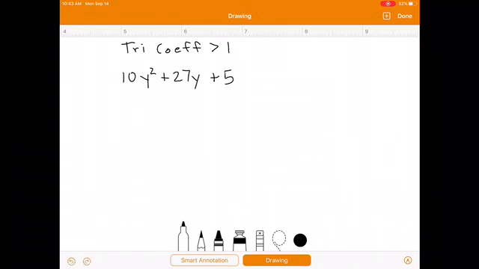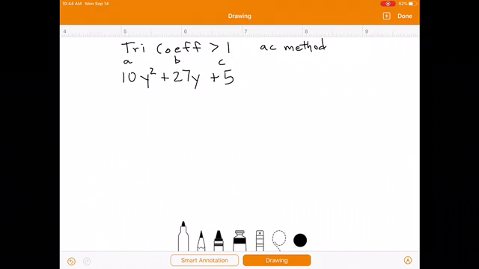So when this is the case, think of this first coefficient as A, 27 is going to be our B, and this plus 5 is going to be our C. When the coefficient is bigger than 1, you usually want to use the AC method. We're going to use the AC method to factor this.